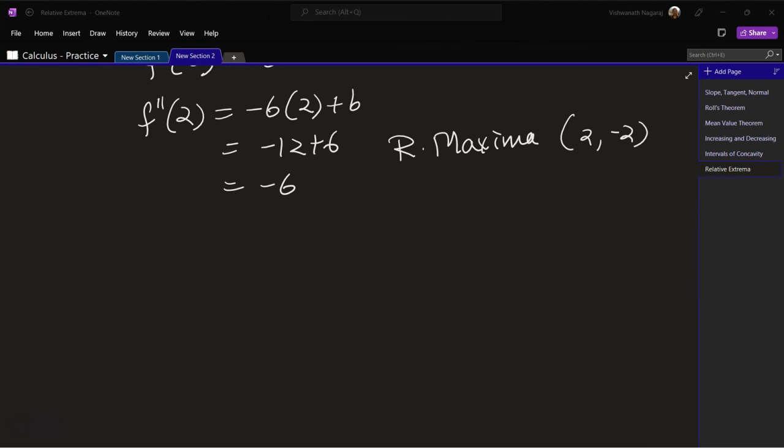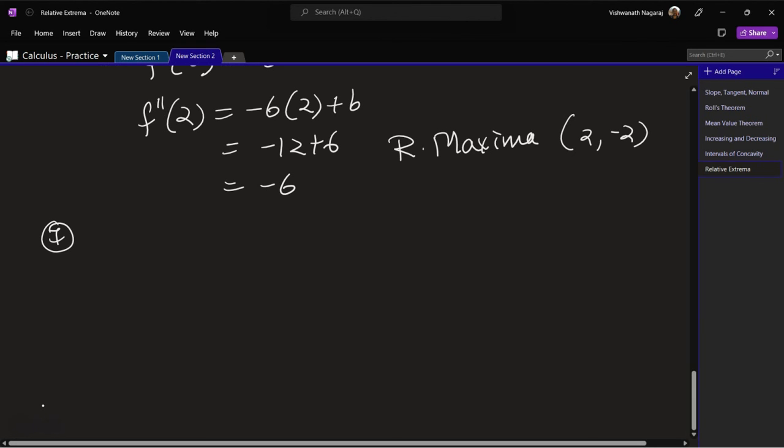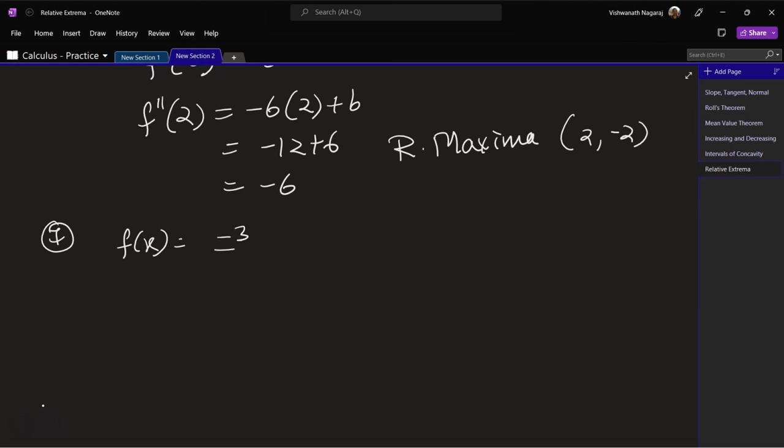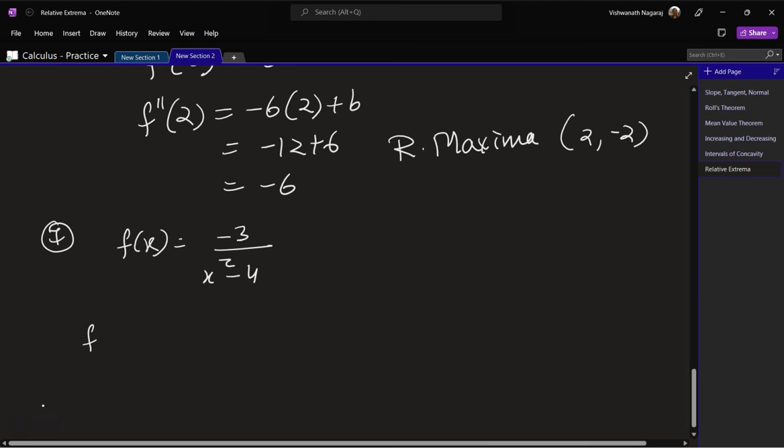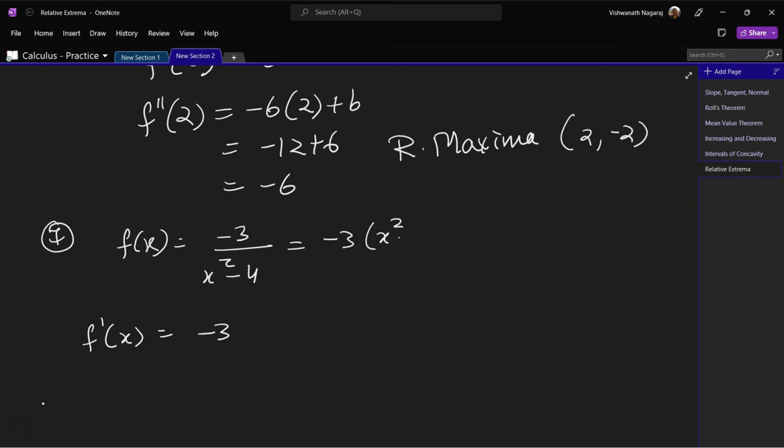Let's look at the seventh one. f of x is equal to minus 3 by x square minus 4. Okay, f prime of x is going to be minus 3 times, we can write this as, remember, minus 3 times x square minus 4 to the power of minus 1.